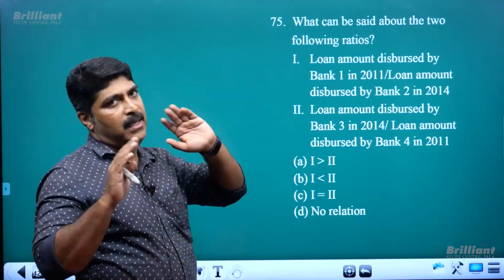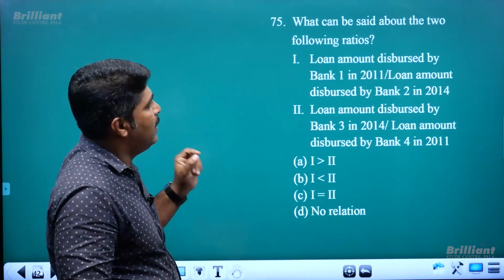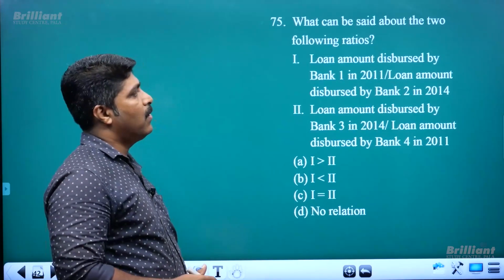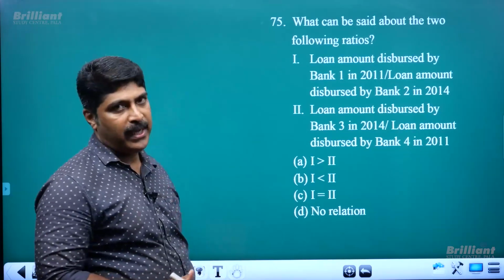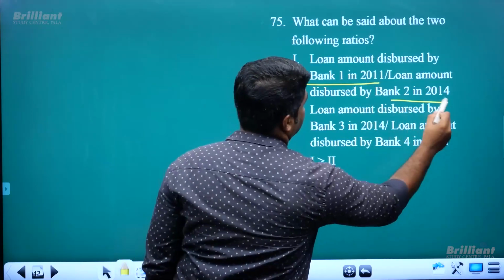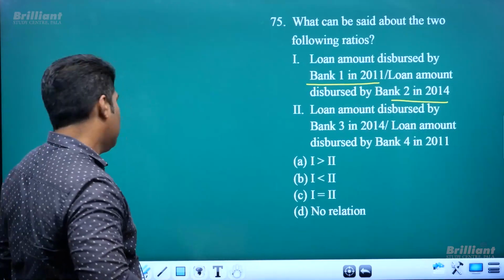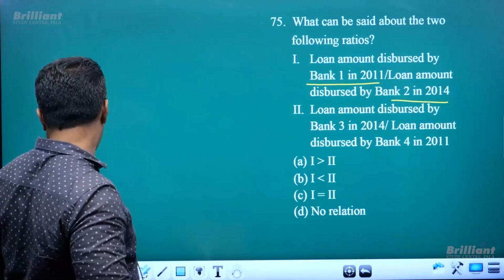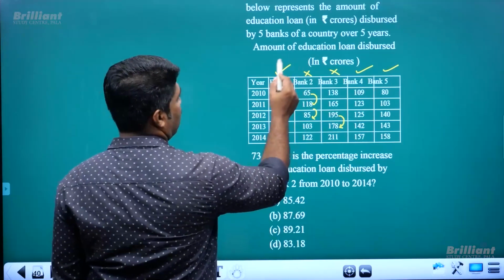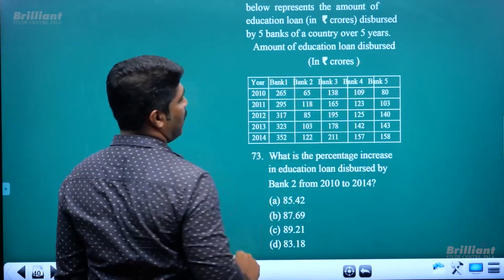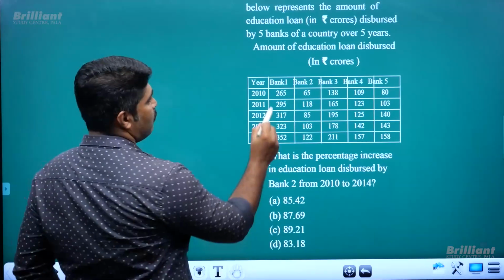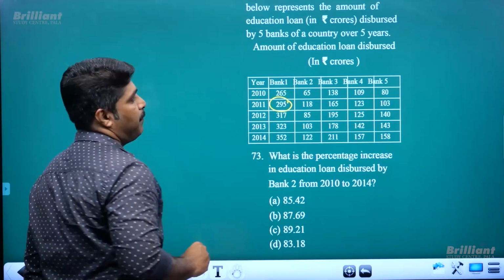Quantity 1 is mentioned: loan amount disbursed by bank 1 in 2011 to loan amount disbursed by bank 2 in 2014. Bank 1 in 2011, bank 2 in 2014. So what is bank 1 in 2011? 295.